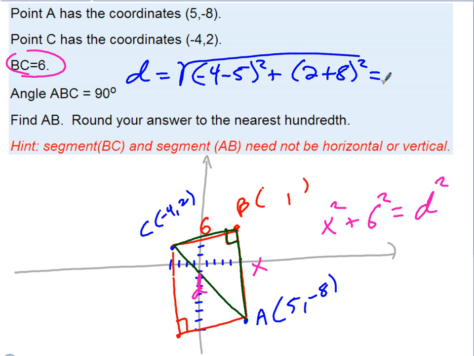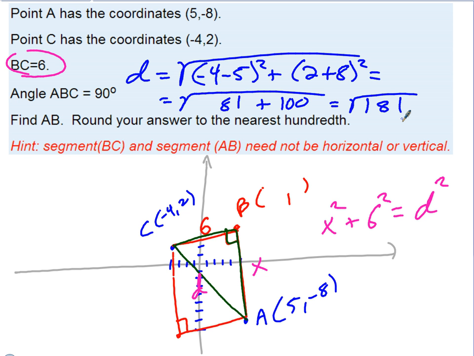No, 81. Okay, so this equals square root of 81 plus, what about 2 plus 8? Okay, good, that's 10 squared is 100. Everybody with me? Yeah. Okay, so it equals the square root of 81 plus 100 is just 181, right?